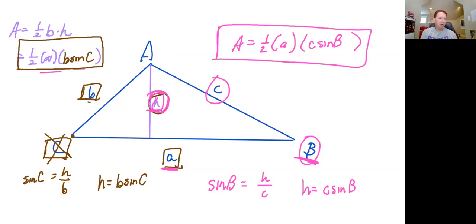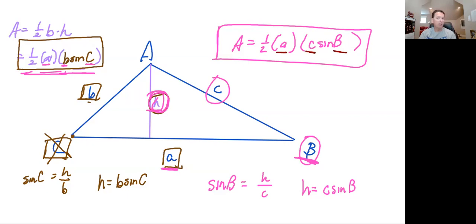In this formula over here, I have two sides, A and B, and the sine of the third angle C. I've got A and B and the angle C. Over here, I have A and C, two sides, and the sine of the third angle.